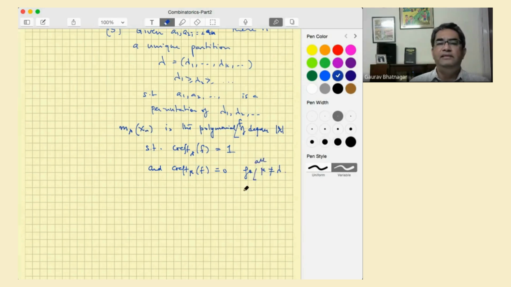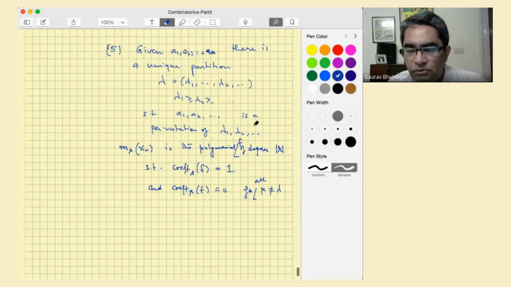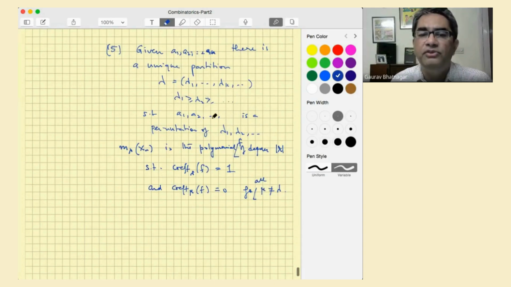Does that make sense? So we're saying there's a unique partition which corresponds to any permutation of numbers. Given a1, an, you order them in non-decreasing order. That's a unique partition. And then if you take m lambda of that, that will cover all the terms of this kind.